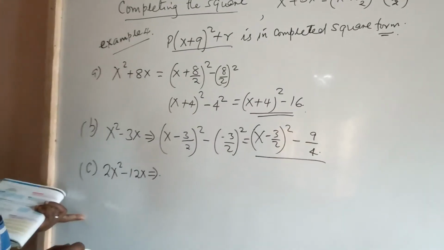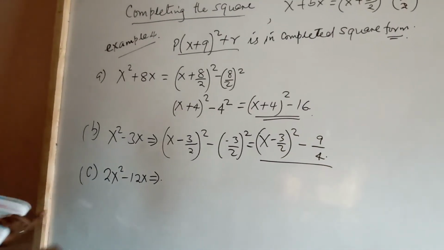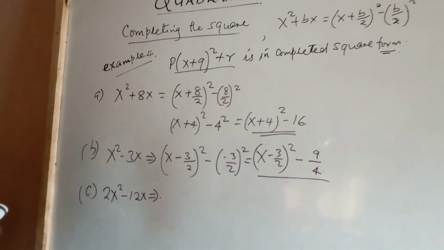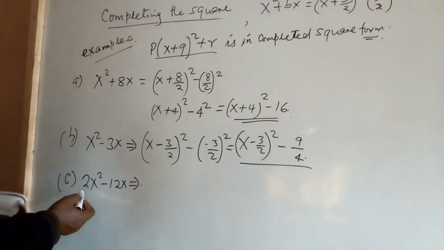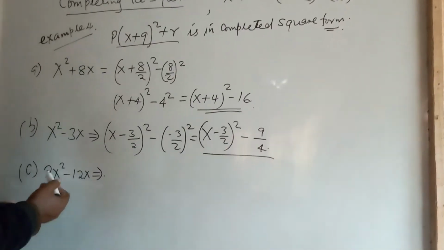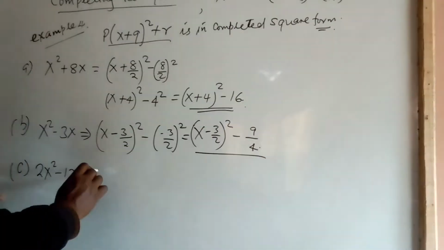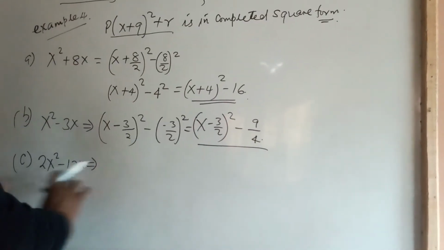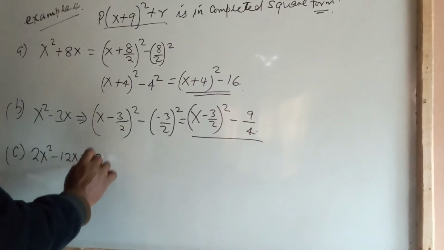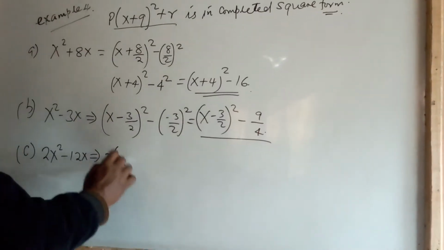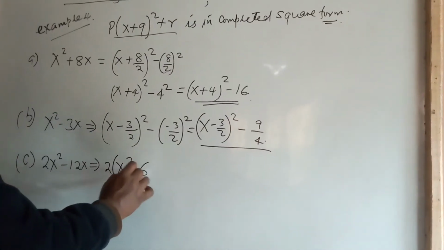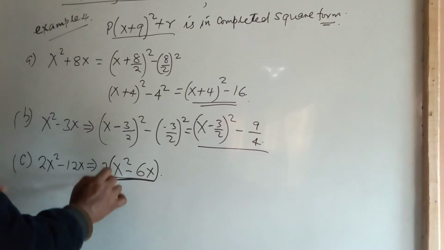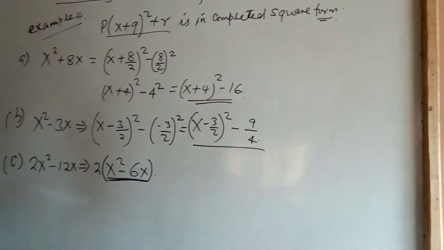You realize that the coefficient of x squared is not 1 here. For us to perfectly complete our square, we have to make the coefficient of x squared 1. So in this case, we have to factor out 2. It's going to be 2, open the bracket, x squared minus 6x. You can already see now in the bracketed part the coefficient of x squared is 1.